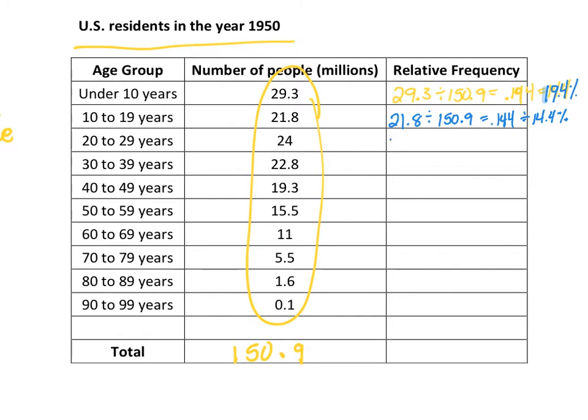Okay, the next one would be 24 divided by 150.9, which would be about 15.9%, or 0.159.